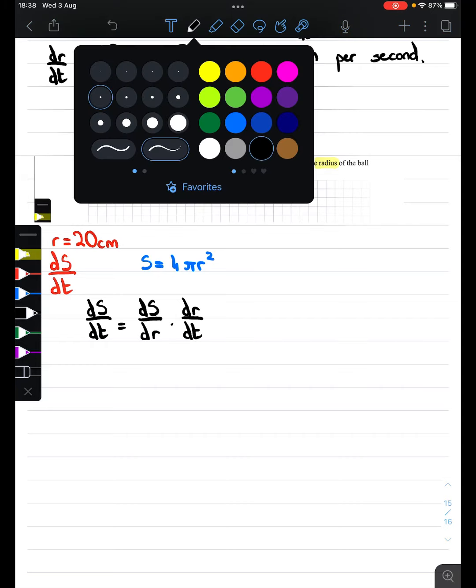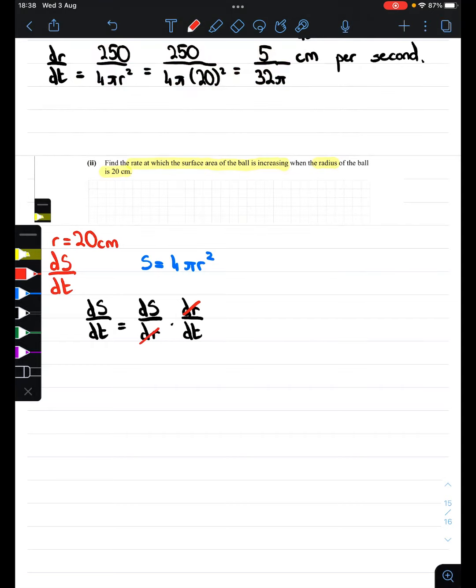And you kind of get this cancelling of sorts. So if we differentiate s with respect to r, we get, well, again, bring down the power and then reduce the power by 1. So we get 4 pi times 2r, and then multiplied by dr dt.